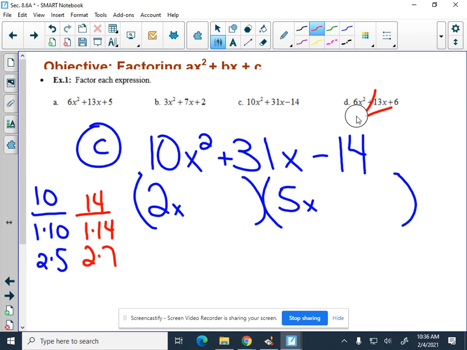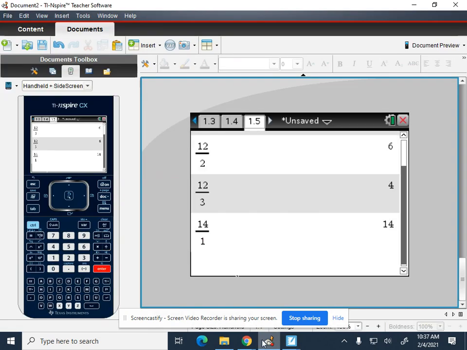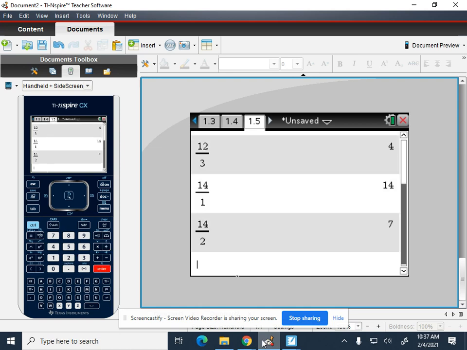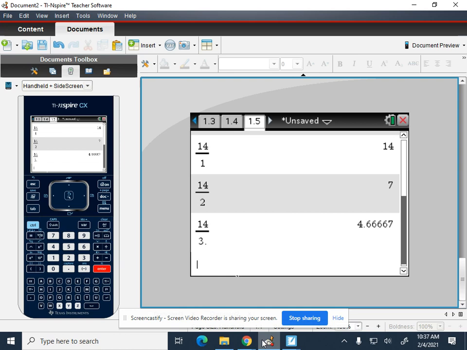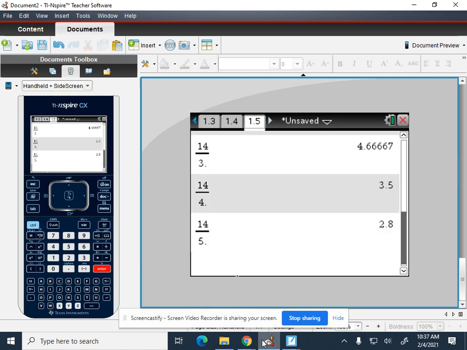And again, if you're not good with coming up with all those values, you take the 14, you divide by 1. It works. 1 times 14. You divide by 2. 2 times 7. You divide by 3. Throw in a dot if you're not sure. That didn't work. You divide by 4. That didn't work. Since the 3.5 is smaller than the 4, the number you divided by, when it gets smaller, you're done. You do not have to keep going. Do 5. That's smaller.